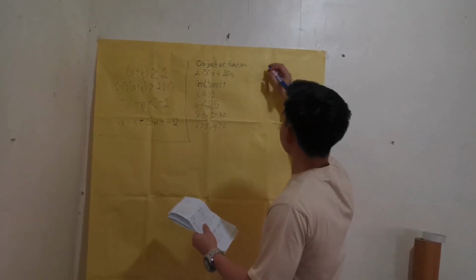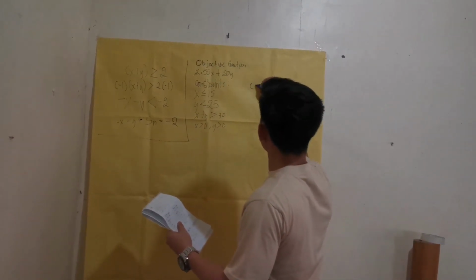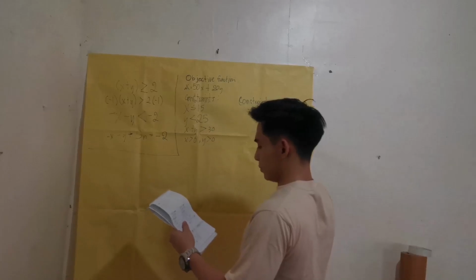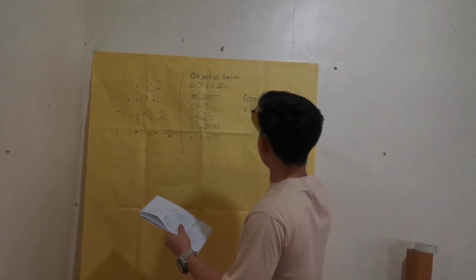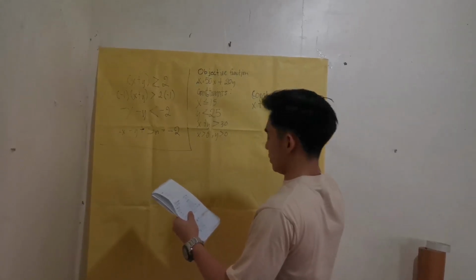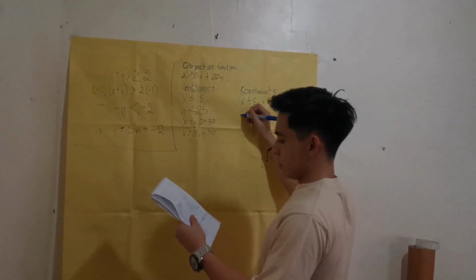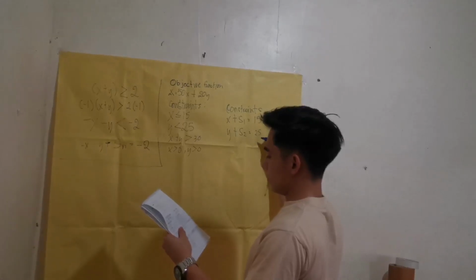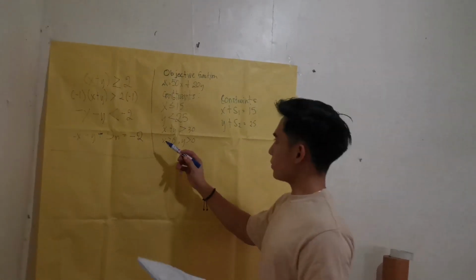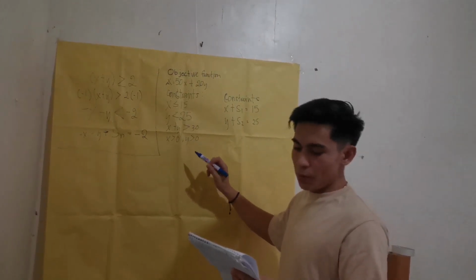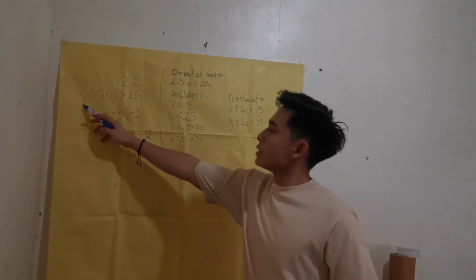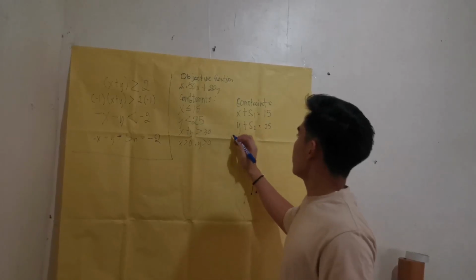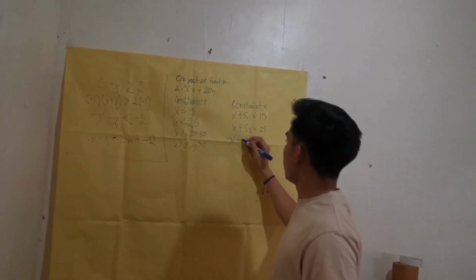Since we have a greater than symbol, we make it negative, like this, by multiplying by negative 1. So the result is negative x minus y.